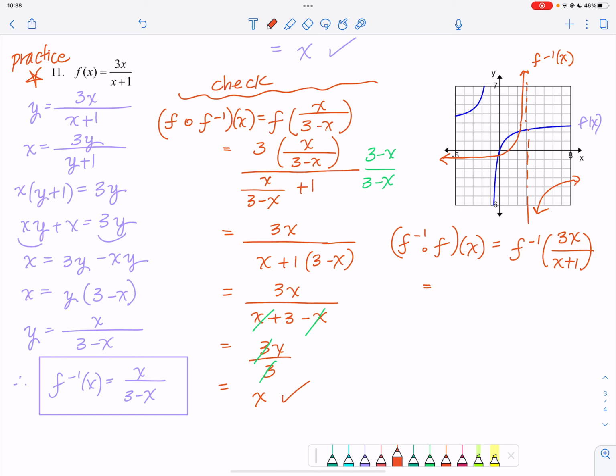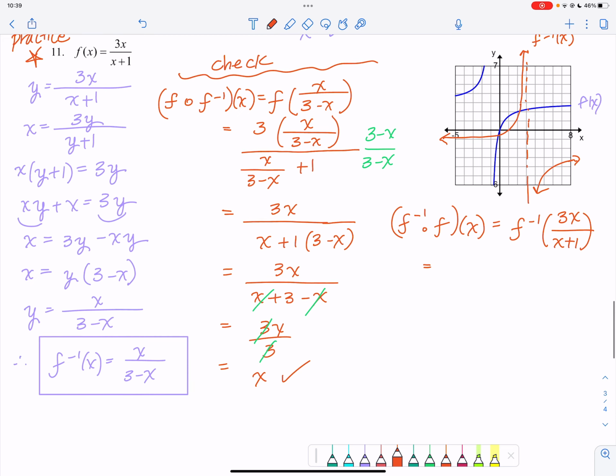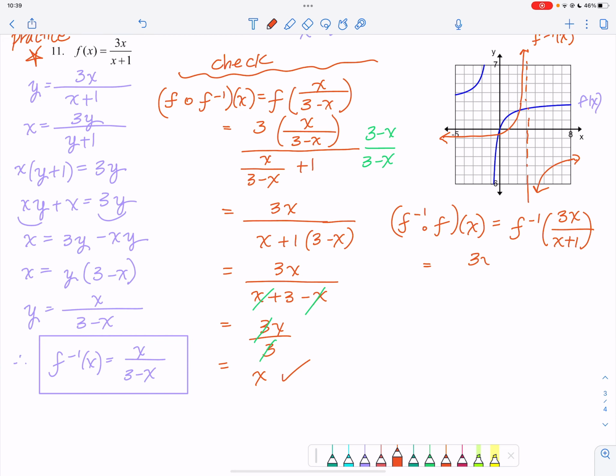Okay, and that's equal to 3x divided by x plus 1, all divided by 3 minus 3x over x plus 1.